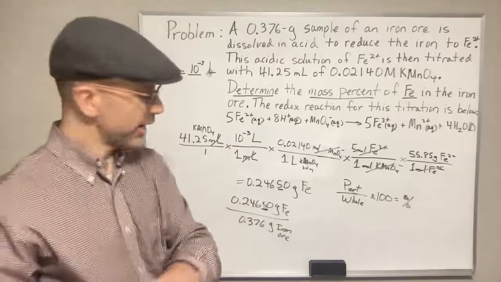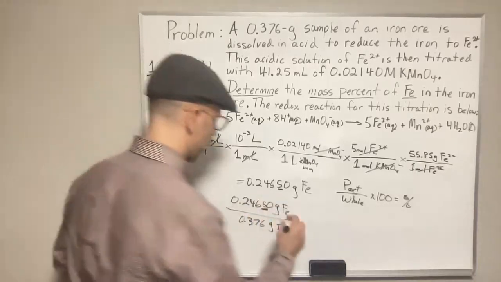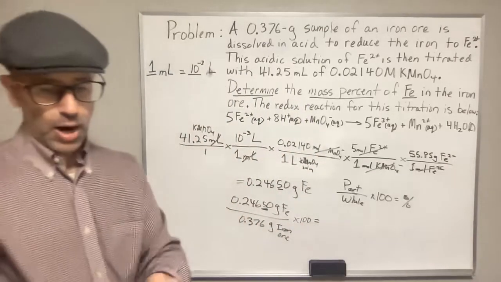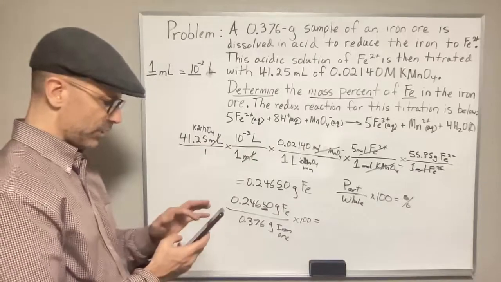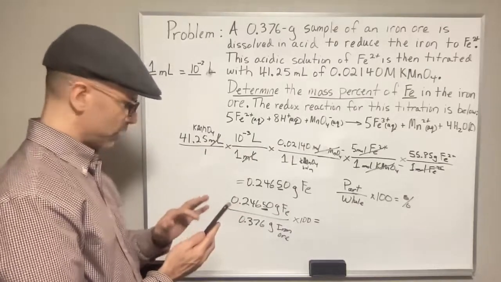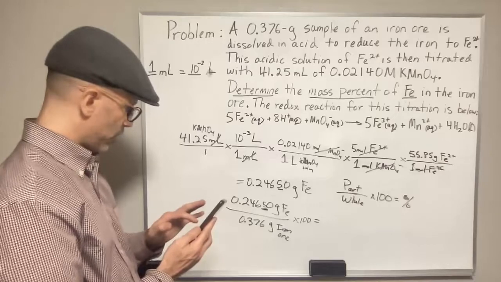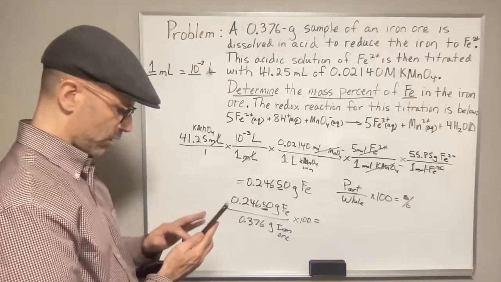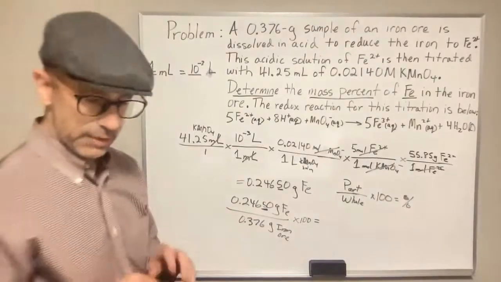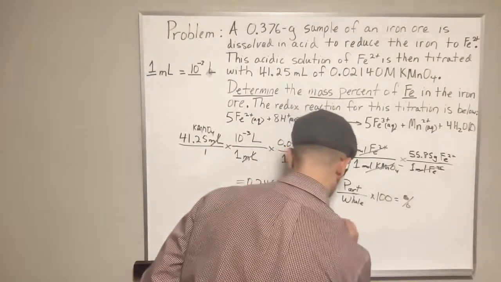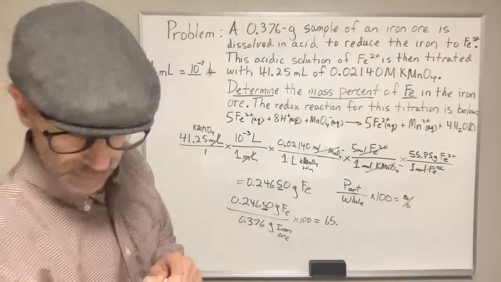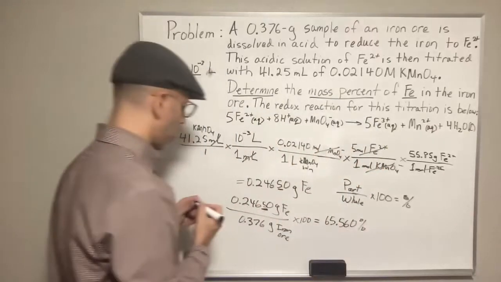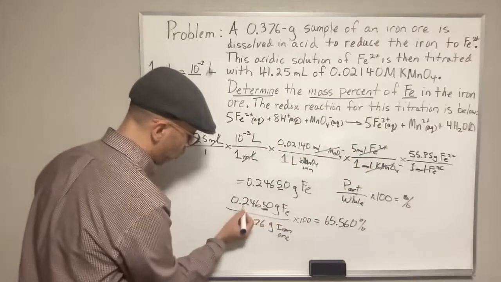So when we do our calculation, oops, I forgot to multiply by 100. So we've got to multiply by 100. And so let's do our calculation. This divided by 0.376 times 100 equals, and we get 65.560%, but here we have 4 sig figs.